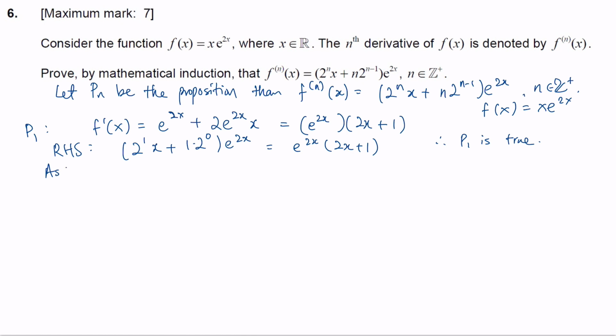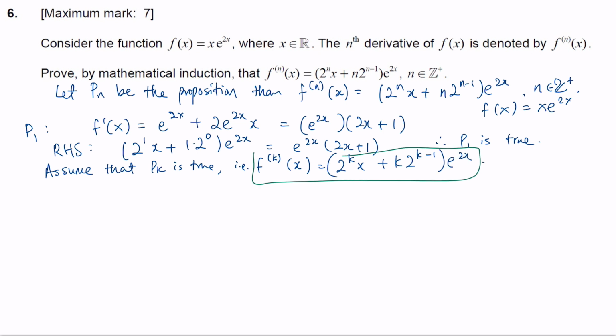Now we assume that P(k) is true. That means that the kth derivative of f is equal to 2 to the power of k x plus k times 2 to the power of k minus 1, e to the power of 2x. The idea is that we really need to use this expression when we prove that P(k+1) is true.